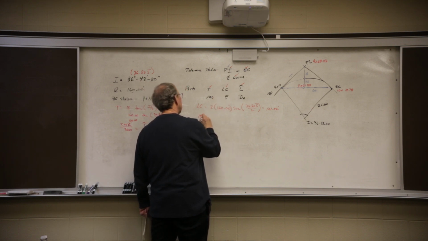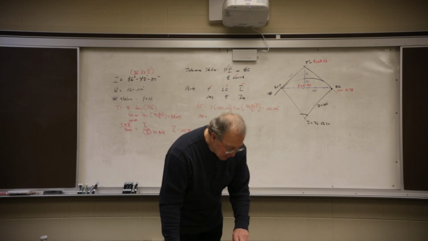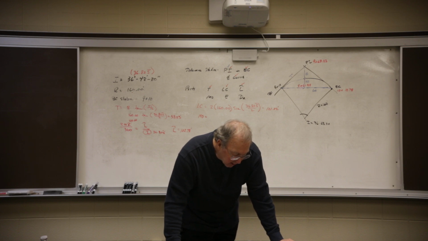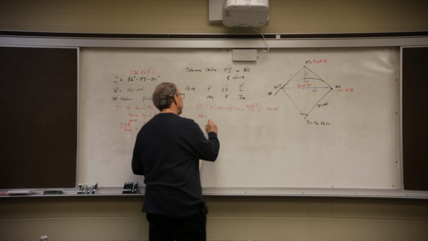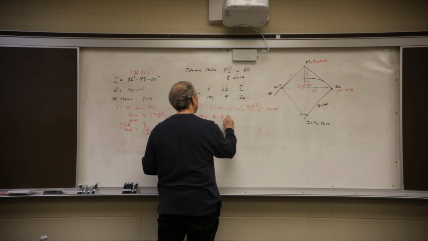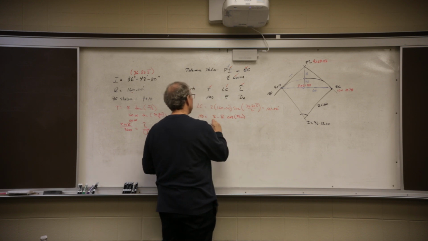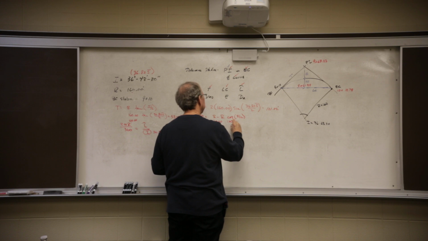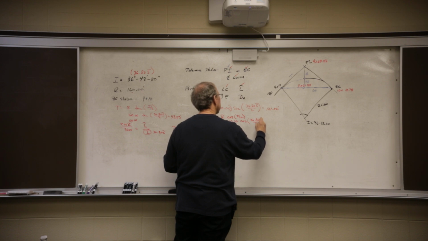MO. Find the equation. The equation is written in your book. It is on page 1611, very top. R minus R cosine I over 2. R is 160, cosine 36 over 2.